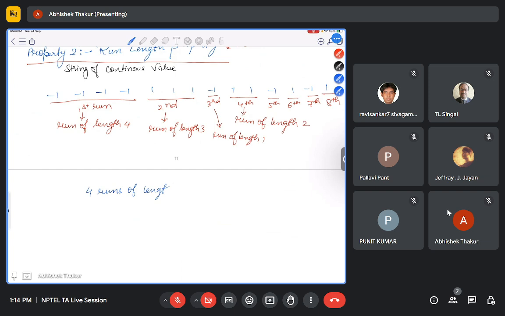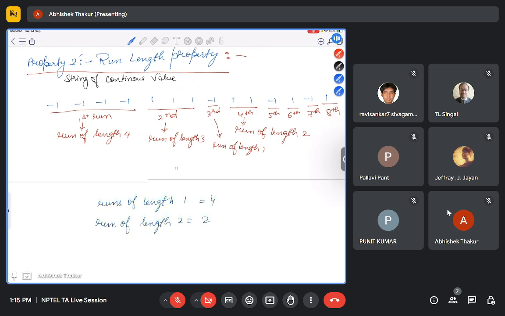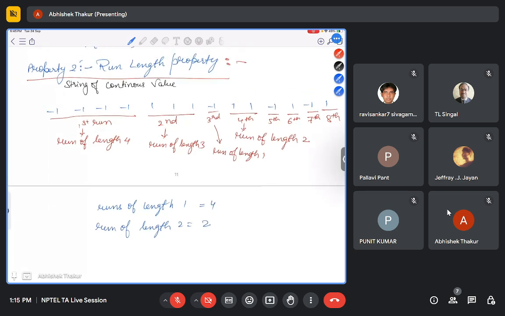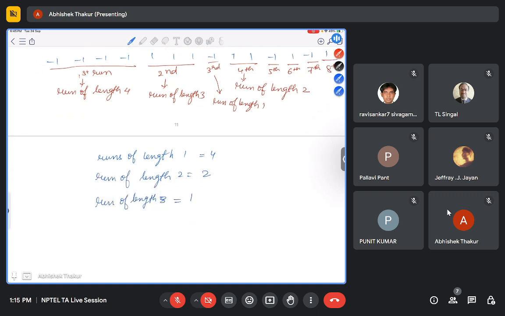So runs of length 1 is equal to 4. Run of length 2 is equal to 2. Run of length 3 is equal to 1.